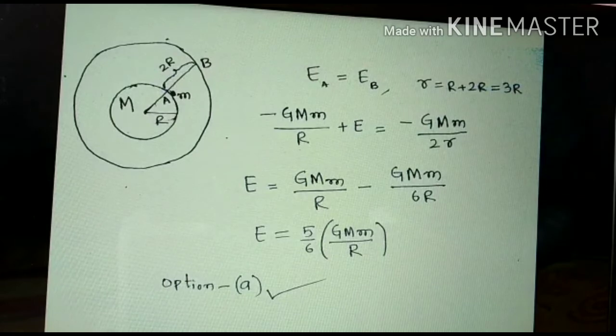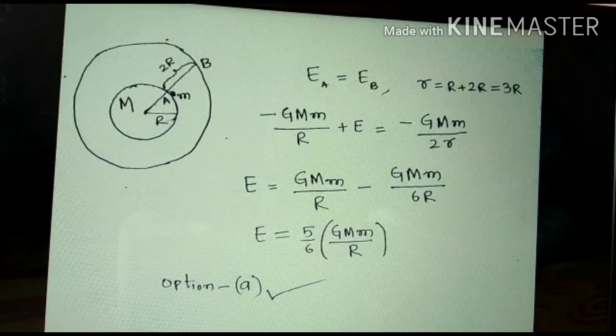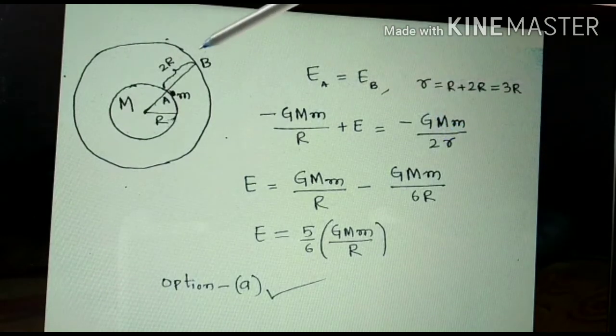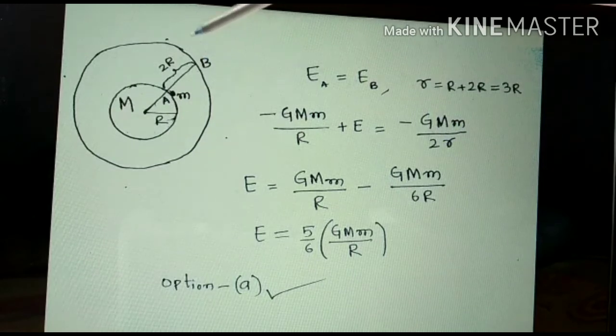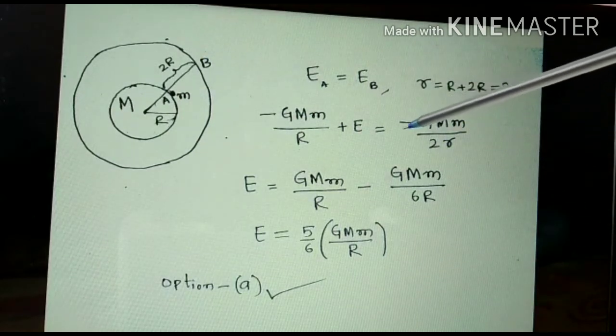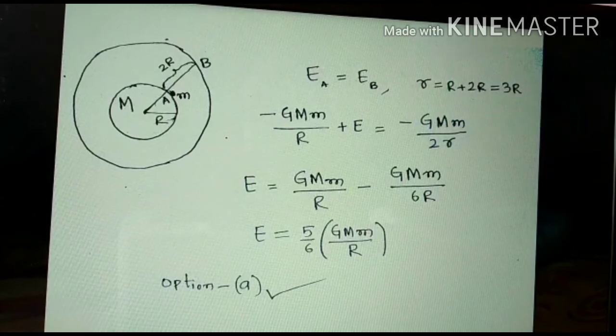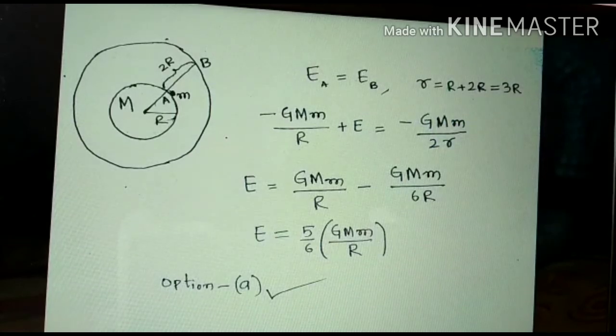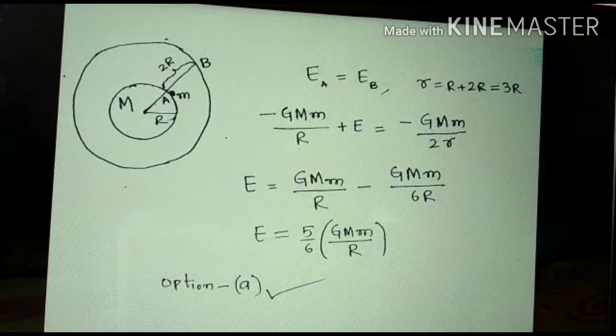The important thing you have to understand here: the total energy at point B is equal to minus G capital M small m by 2R. Here I am telling an important shortcut. The force between two objects, F, is proportional to 1 by R squared.